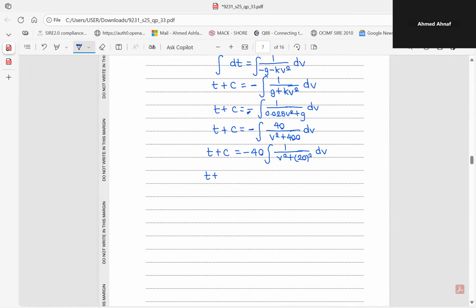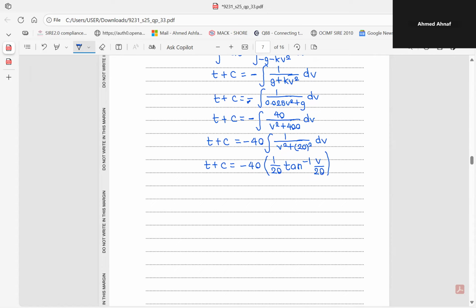So the final integral would be 1 over 20 tangent inverse v over 20. Simplifying everything, you get t plus c equals minus 40 divided by 20, you get minus 2 tangent inverse v over 20.